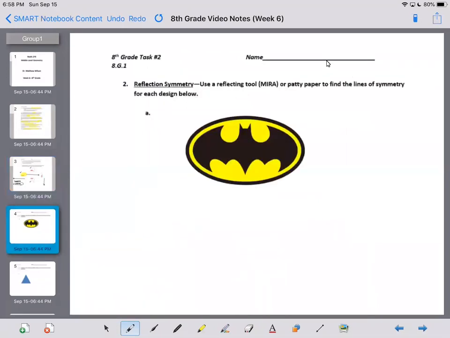Okay, let's look at task number 2, where we're looking at reflection symmetry. When I say using a tool like a Mira, well, with the online class, and you print out your notes, there is something that you could purchase at the store, and it's just patty paper.